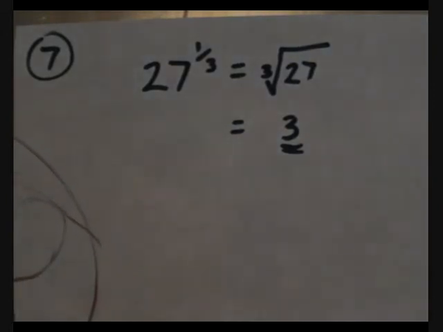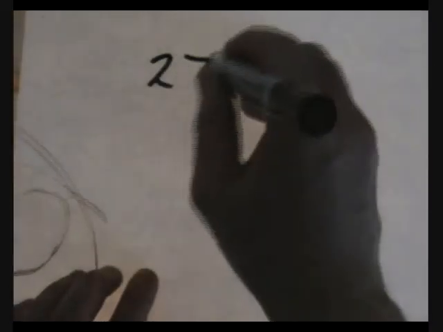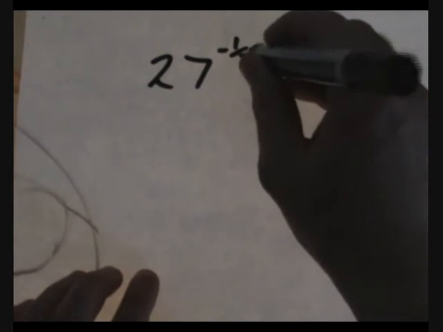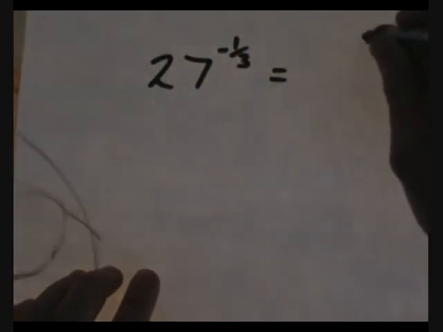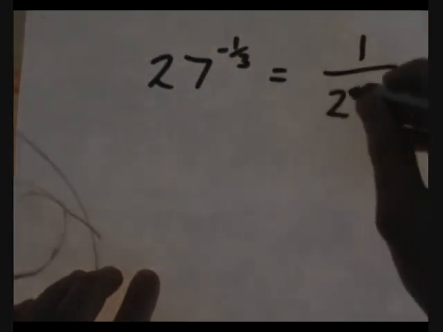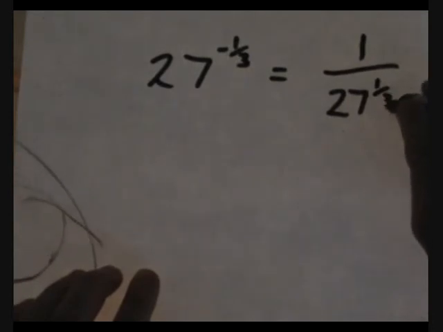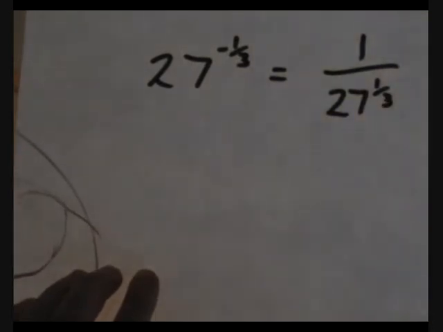And then the second bit of the question, it says write 27 to the power of minus a third as a fraction. So just get a new piece of paper here. 27 to the power of minus a third means 1 over 27 to the power of plus a third.